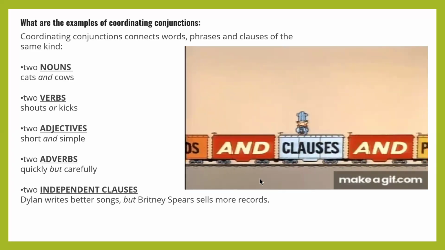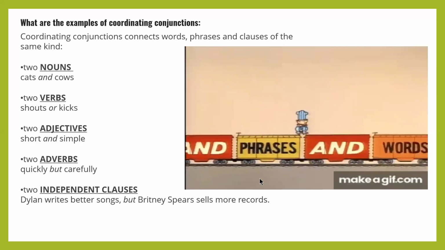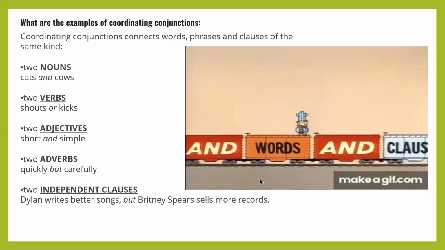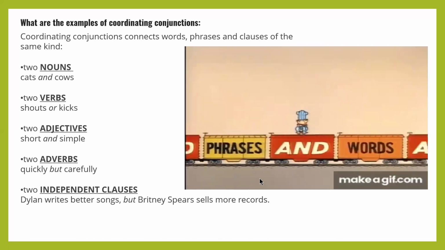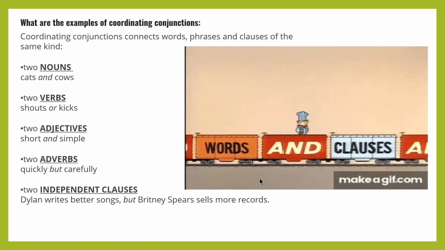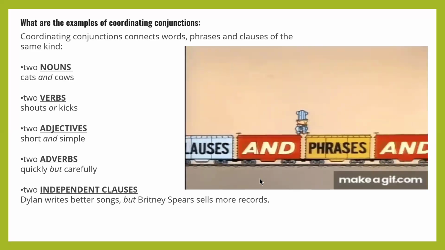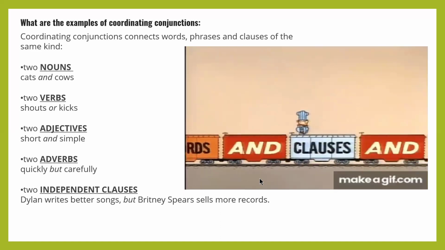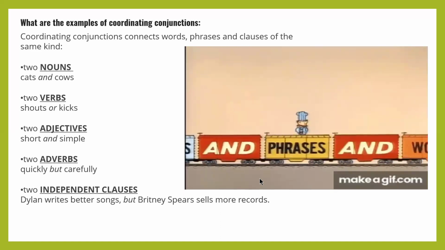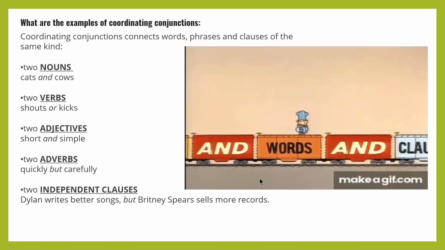So coordinating conjunctions connect words, phrases and clauses of the same kind, and the clauses are independent clauses. In this way we are making compound sentences. Two nouns: cats and cows. Two verbs: shout or kick. Two adjectives: short and simple. Two adverbs: quickly but carefully.